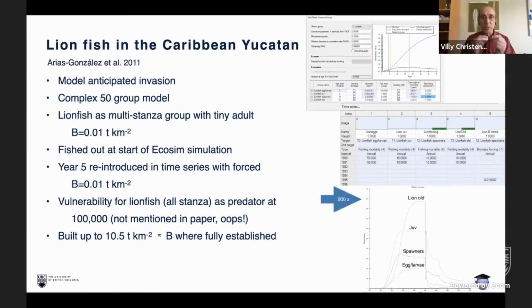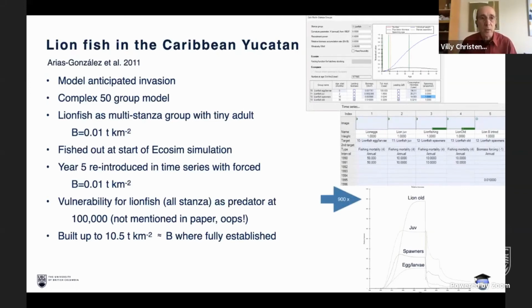That Ecopath start baseline is used for all of the subsequent analysis for parameters in the time dynamic model, and making it a tiny biomass means that it's going to have very little impact, but we can still get it in there with a reasonable diet, which is important for when we later reintroduce them and let them explode.